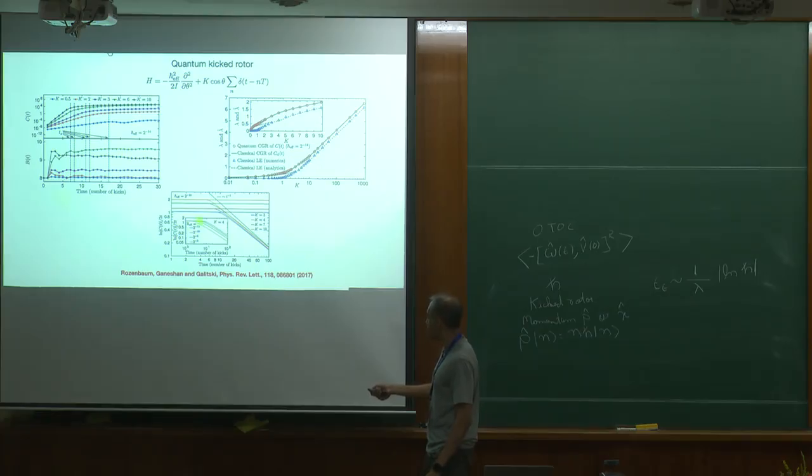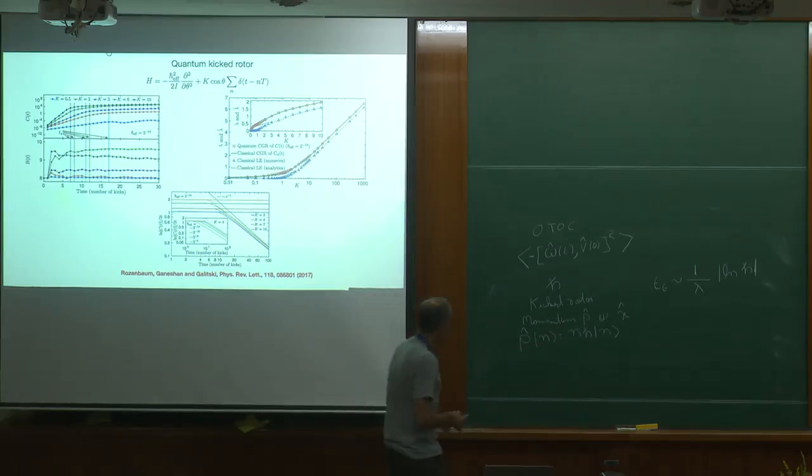The Ehrenfest time here is the time scale after which the Lyapunov exponent, calculated from the OTOC, ceases to be a constant. It actually acquires a time dependence, which happens because the OTOC has now saturated. So this is the Ehrenfest time here, and you can see that it is decreasing as h bar is increasing, as you would expect from this formula.